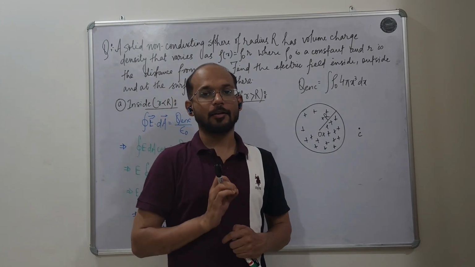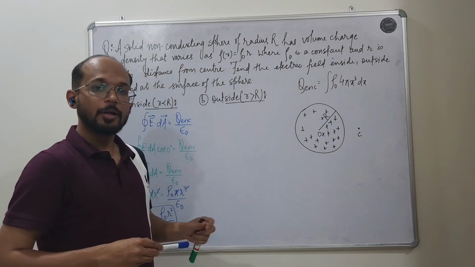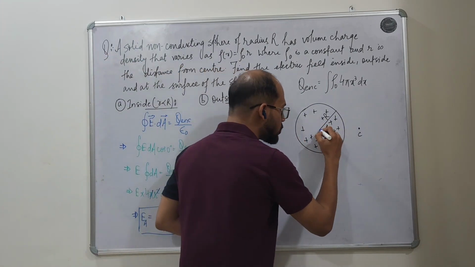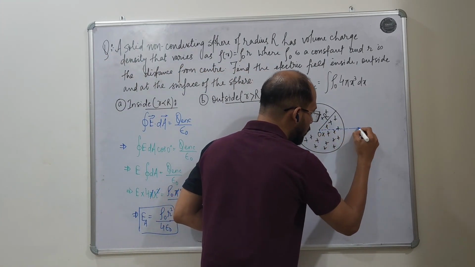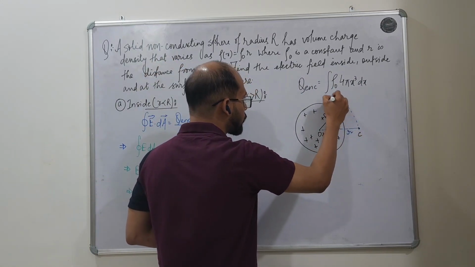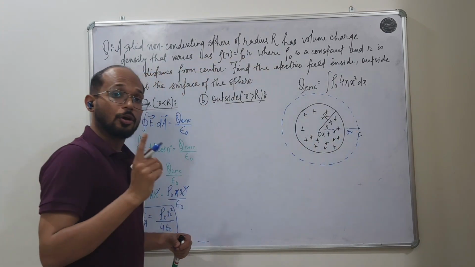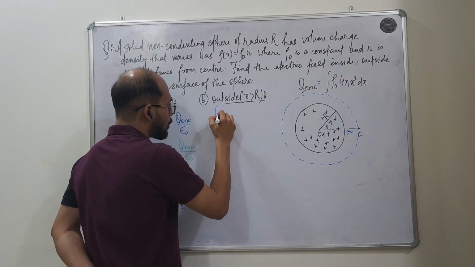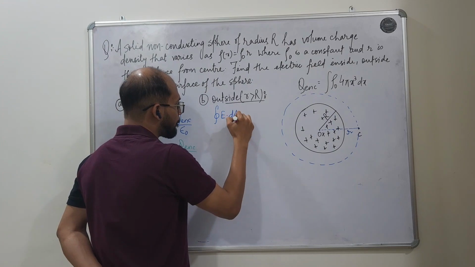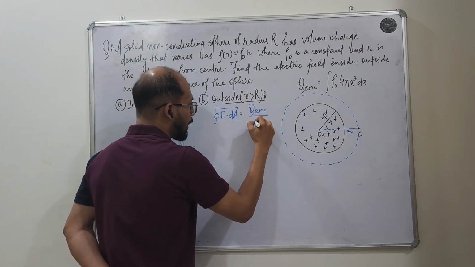Now we have to find the electric field outside the sphere, that is r greater than capital R. So what will we do? We will choose a point C which will be at a distance of r from the center and we will choose a Gaussian surface which will pass through point C. Now we will again use Gauss law, that is E dot dA is equal to Q enclosed divided by epsilon naught.